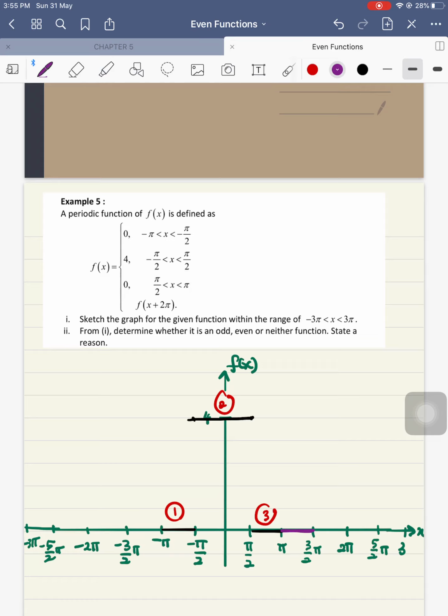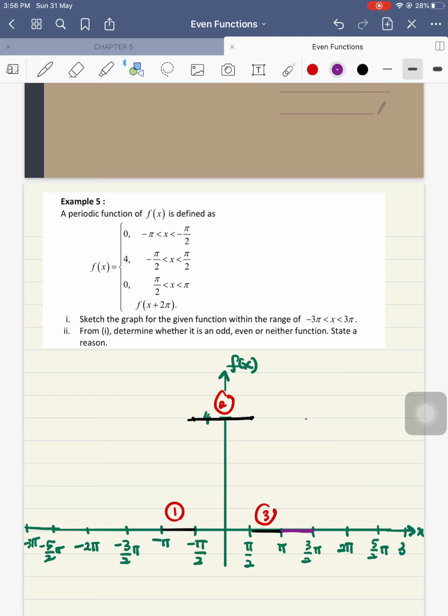Okay, the next one is, take a look at the second function here. The range here is 2, 1, 2. This is 1. Okay, half and half. So you will have another half here and half here. Therefore you will have a straight line starting here until 5 over 2 pi.